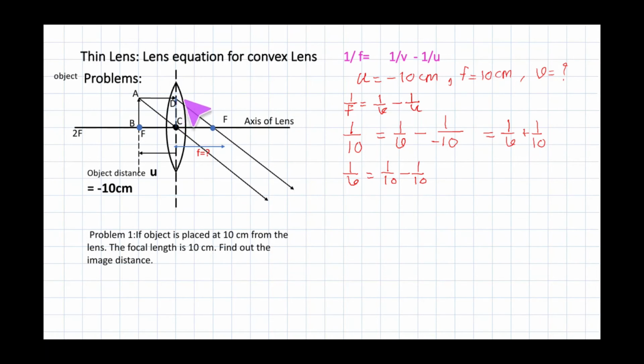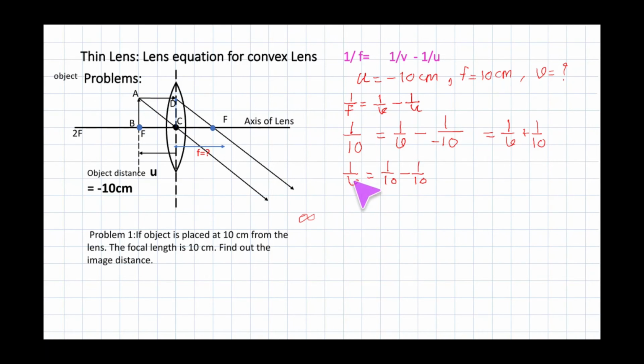Remember that the ray which passes through the optical center goes straight. It does not deviate or refract at all. Now we see that this ray is exactly parallel to this ray, so obviously these rays will meet at infinity. So naturally the image formed will be at infinity. That means whenever the object is kept at the focal length, the image formed will be at infinity.